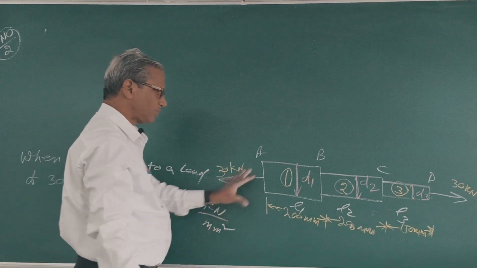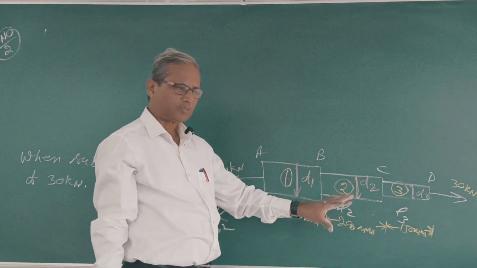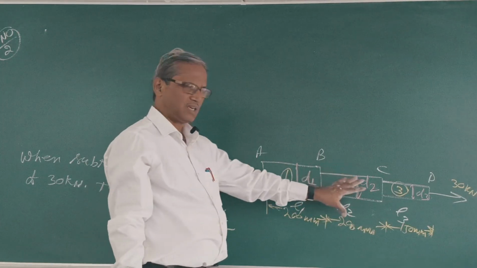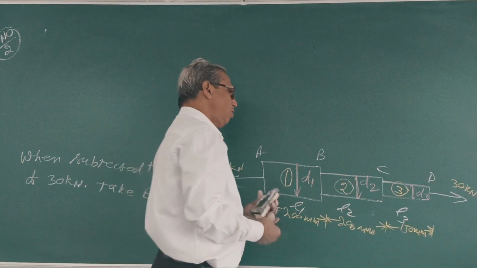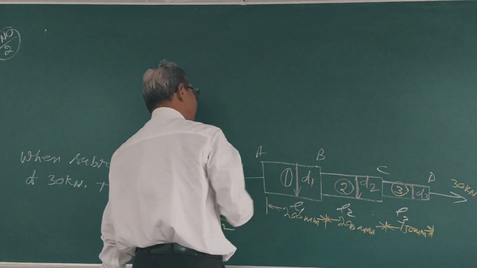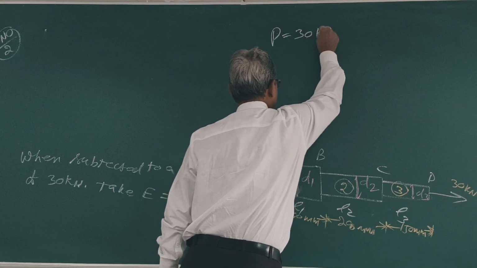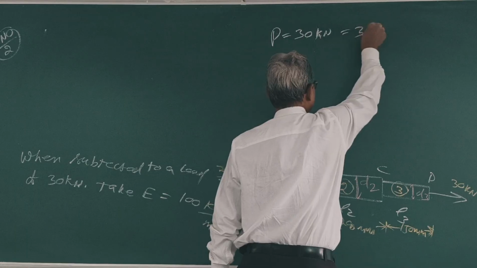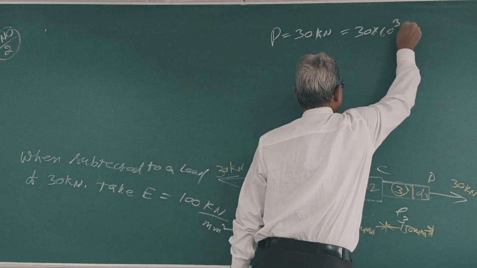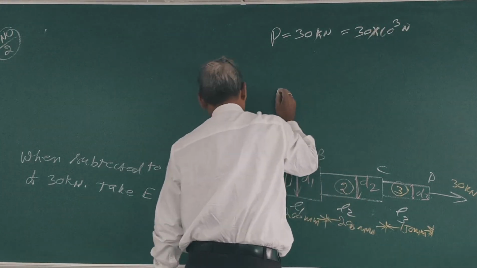Clear? So total length is L, section 1, section 2, section 3. Total load P is equal to 30 kilonewton, so 30 into 10 to 3 Newton. Right?